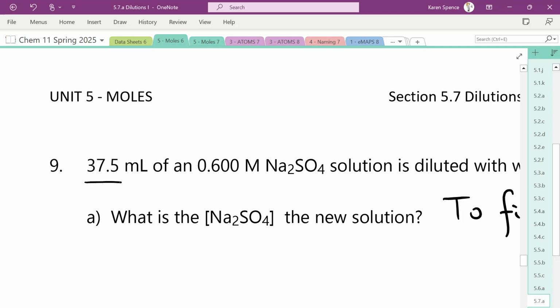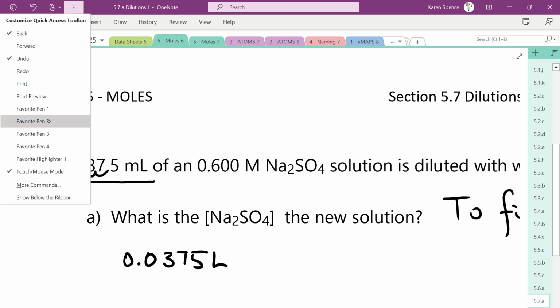We're going to take our 37.5 milliliters. Remember, how do we change that into liters? Divide by 1,000. 1, 2, 3. So that's going to be 0.0375 liters. What does of mean?